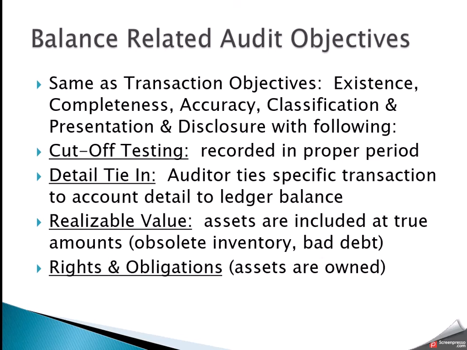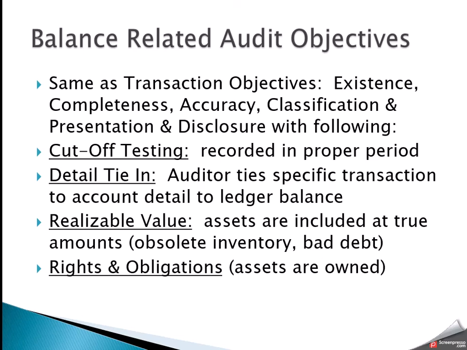Cutoff testing is more that timing to say, okay, if I'm taking inventory on this day, I need to make sure everything that should be in inventory I've counted and recorded properly, or everything that should be in my accounts receivable. Well, what about checks in the mail? Those kinds of scenarios.